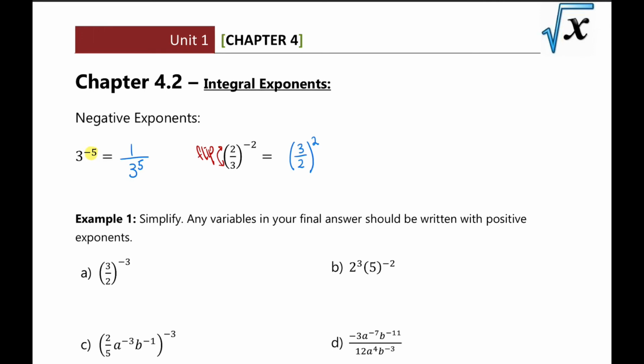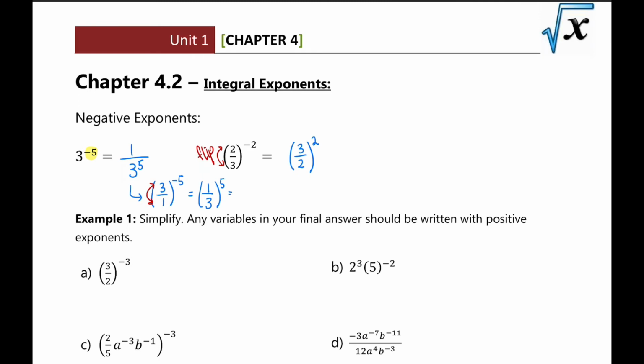This is true because base 3 is actually technically 3 over 1 to the power of negative 5. So if we were to get rid of the negative in the exponent, then you can kind of see that these two flip. So we get 1 over 3 all to the power of positive 5.